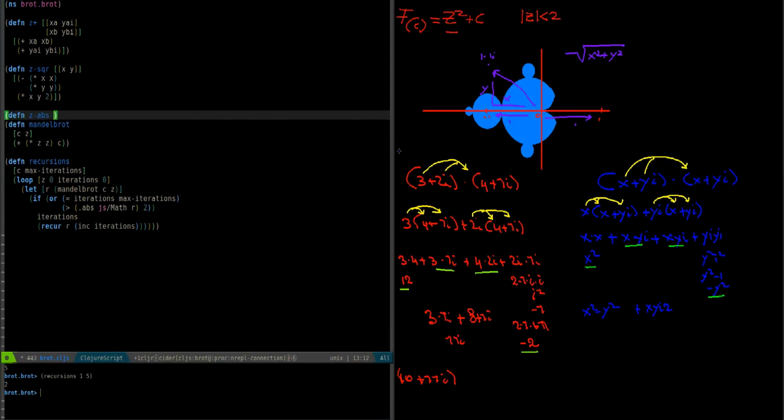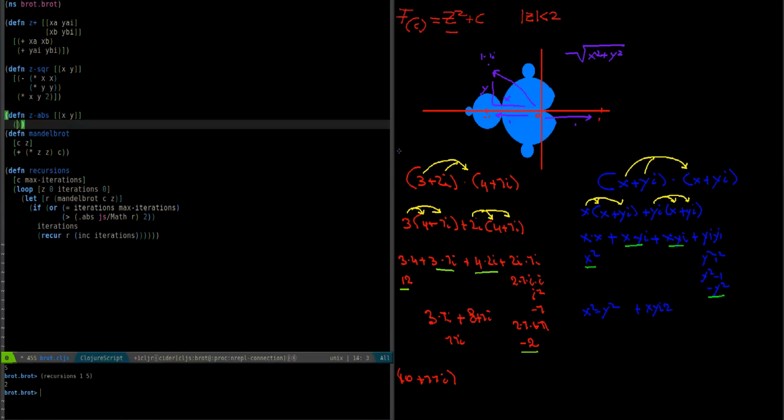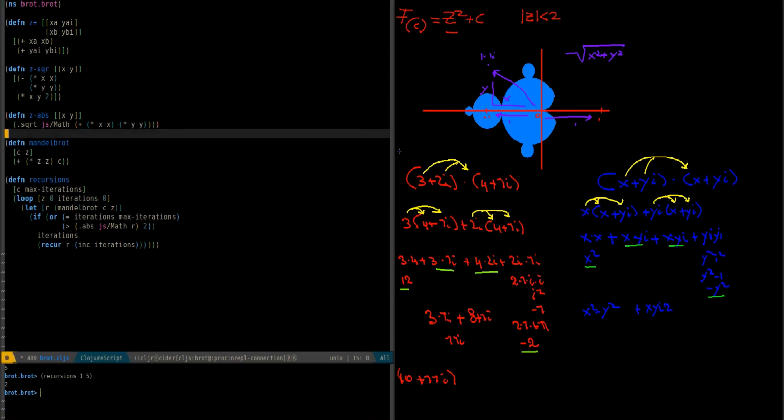The absolute size of a complex number, here defined by x and y, as the square root of x squared plus y squared. And this gives us all the functions we need.